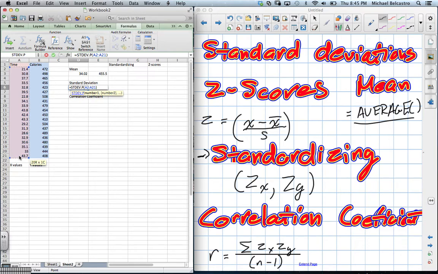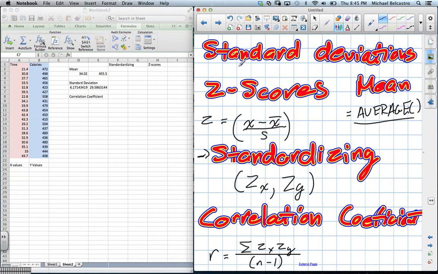Has to do with an entire population. Oh, population. So it's the standard deviation of the whole population. Oh, okay. That makes sense. Standard deviation is 6.1 for the first one. For calories, we do ST deviation P, right? And the array of numbers, also all these terms. Standard deviation is 29.